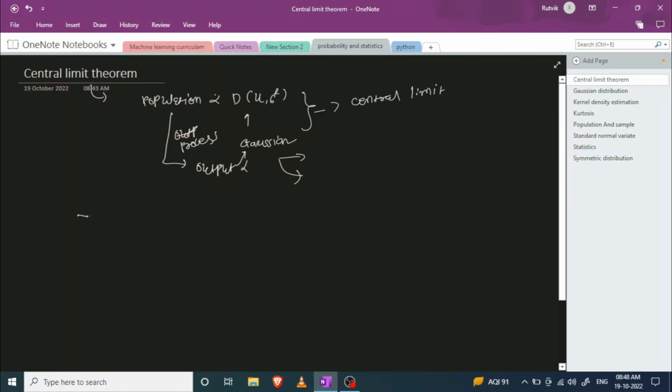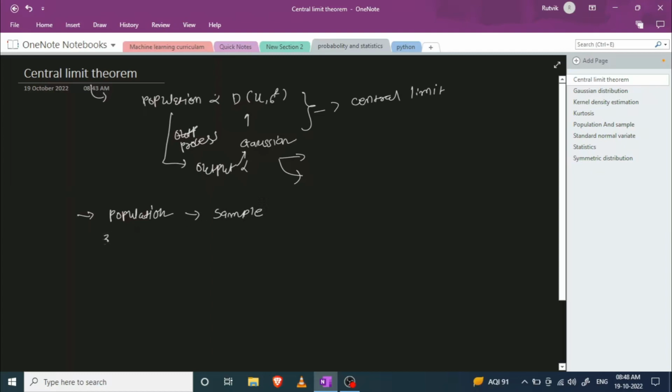Okay, so the first thing: suppose we have a population and I need to convert this population in such a way that the output will follow the Gaussian distribution. So I'm going to convert it into samples.